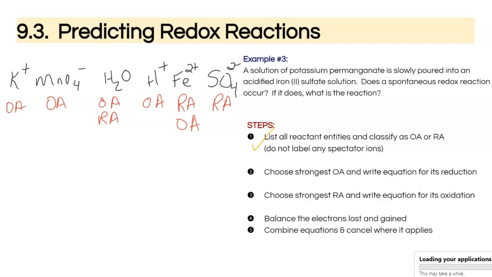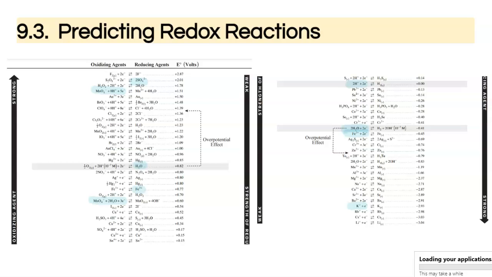Okay, so I've listed all my reactant entities as either an oxidizing agent or a reducing agent. Done. Now I'm going to look to see where the strongest oxidizing agent is. When I look at my chart, I can see that the strongest oxidizing agent is my permanganate half cell reaction, because it's the highest up.